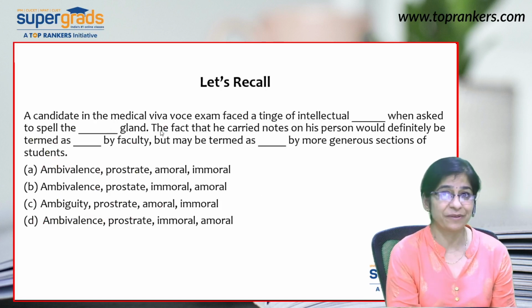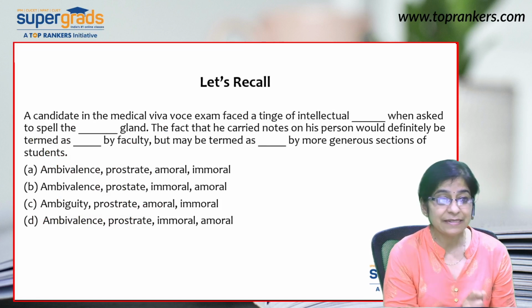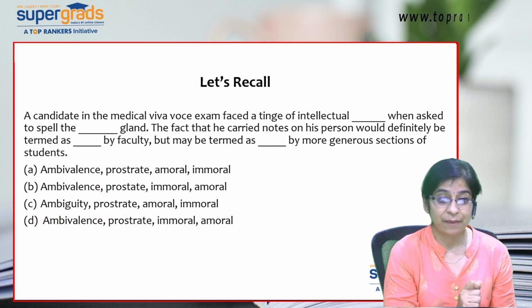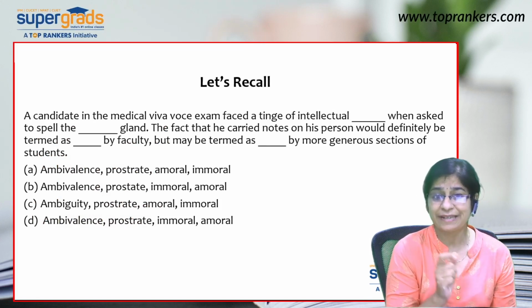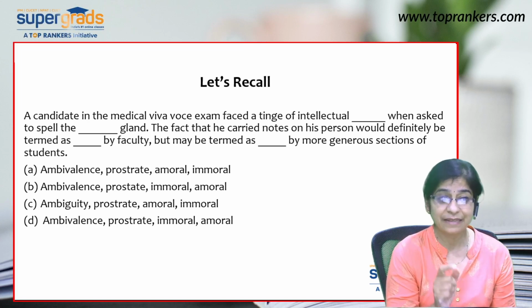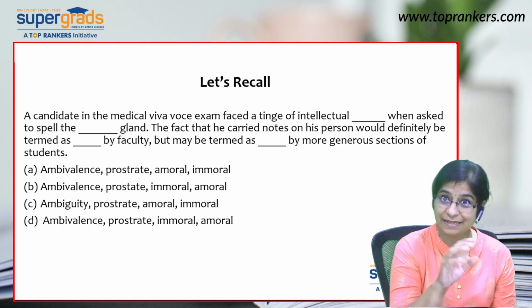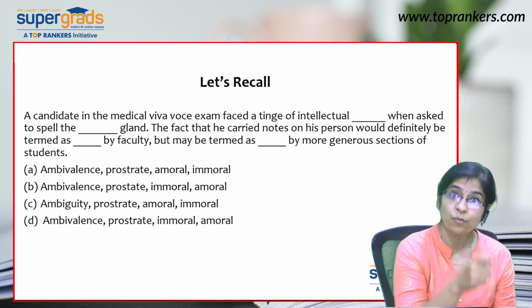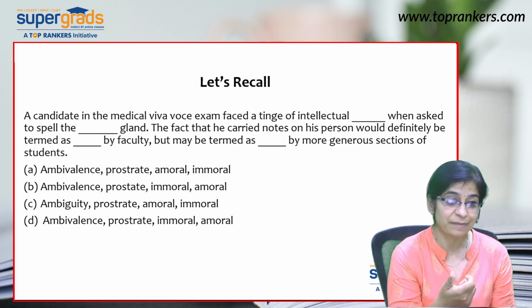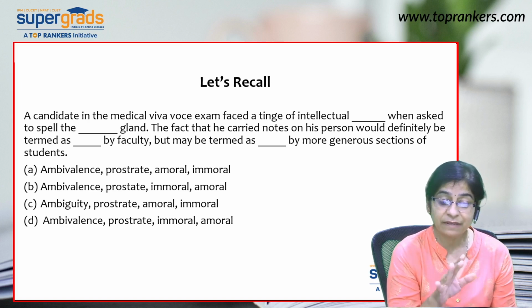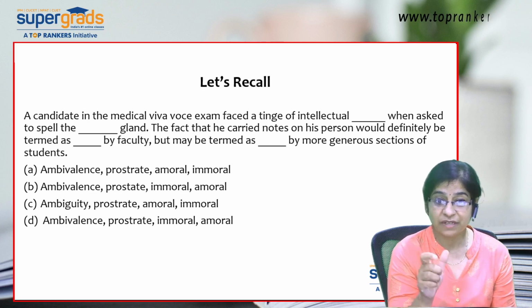Now let's see what we've understood. A candidate in a medical viva voce exam faced a tinge of intellectual dash when asked to spell the dash gland. Now see, let's take a look at the options and see what will fit best in the first blank. So a candidate in a medical viva voce exam faced a tinge of intellectual dash.